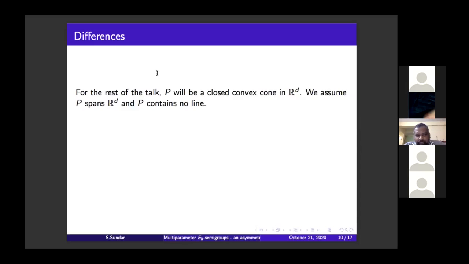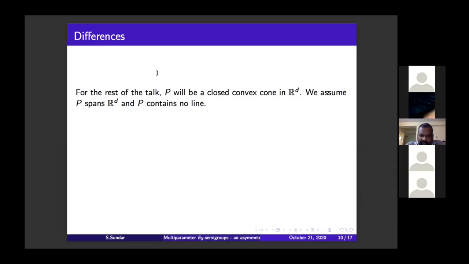We assume that P spans R^d and P contains no line. P spanning R^d is not an assumption at all, because if P does not span R^d, then you take the linear span of P, which is a subspace of R^d, and work in that subspace. P containing no line is a technical assumption that is needed.